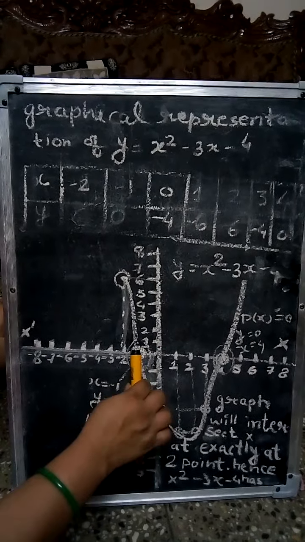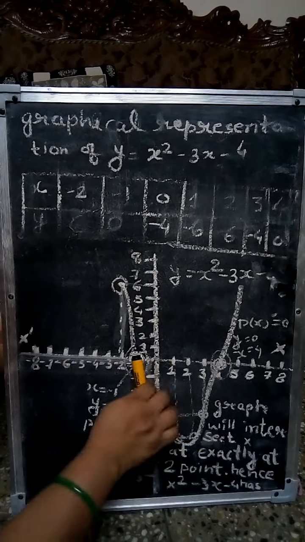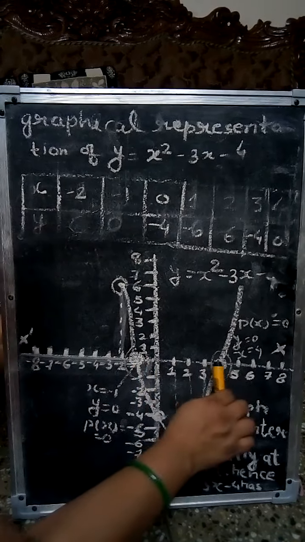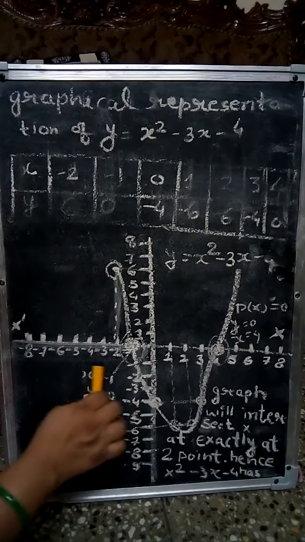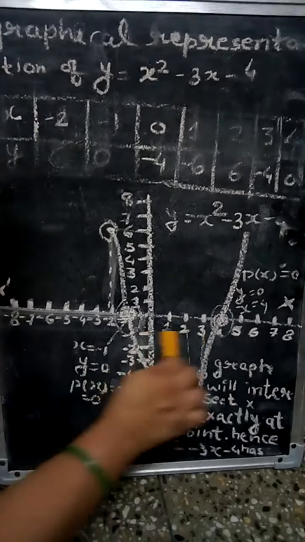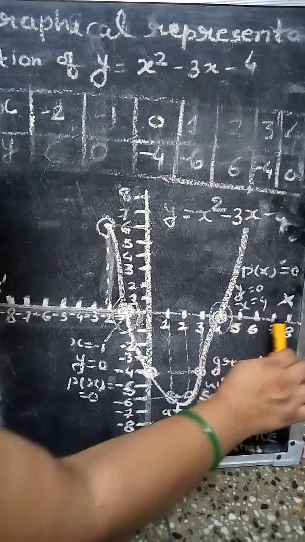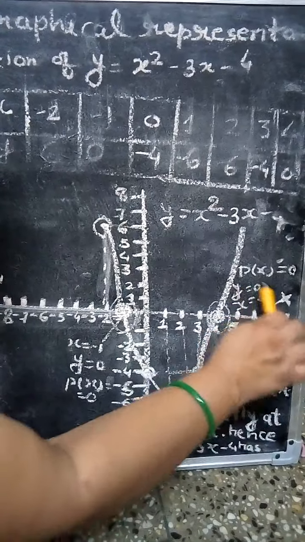Clearly you can see the graph is intersecting the x-axis at two different points where y is equal to 0. So the graph is intersecting at x is equal to minus 1 where y is equal to 0, and another point at which the graph is intersecting the x-axis is x is equal to 4 and y is equal to 0.